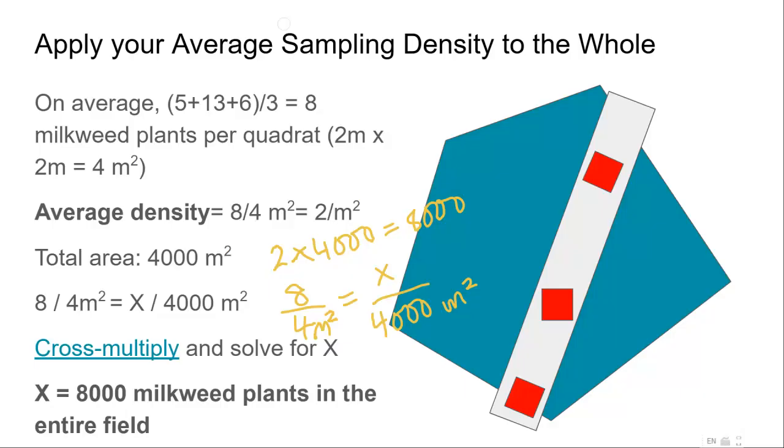So then you can cross multiply: 4x equals 8 times 4,000.